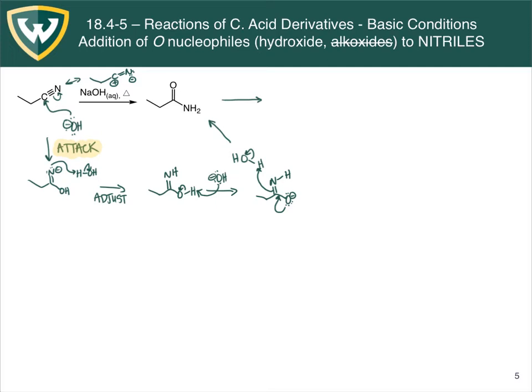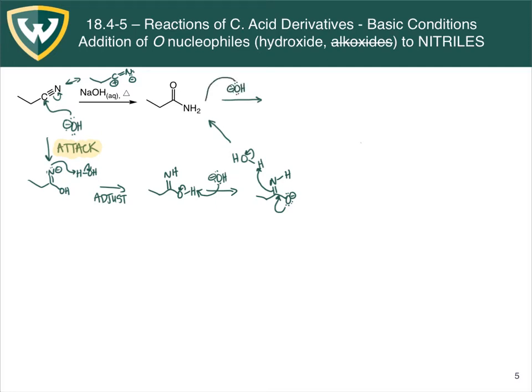So when you're setting this up in a lab, if you're careful with the conditions, you can actually stop at the amide from the nitrile, or if you keep heating for longer and very hot, then you'll be able to hydrolyze all the way down to the carboxylate, and then upon workup you would get the carboxylic acid.